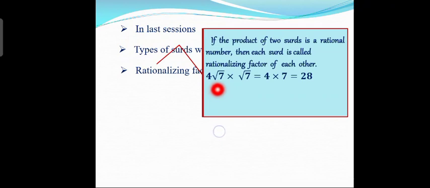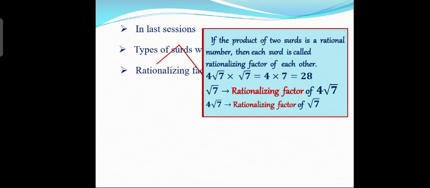So the product of these two surds results in 28. Square root of 7 is the rationalizing factor of 4 square root of 7. In a similar way, 4 square root of 7 is the rationalizing factor of square root of 7. Both are the rationalizing factor of each other.